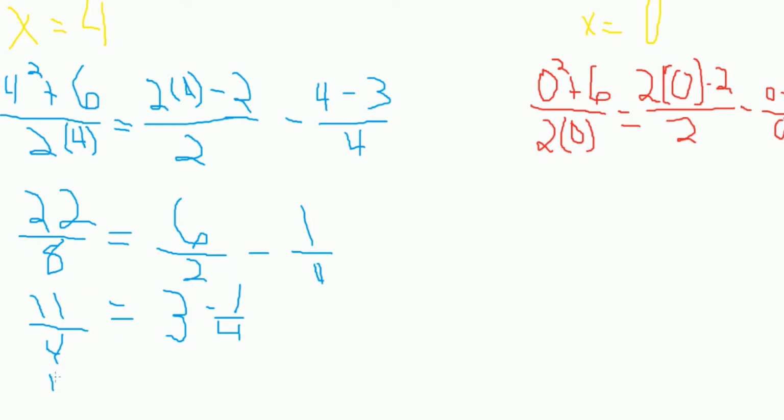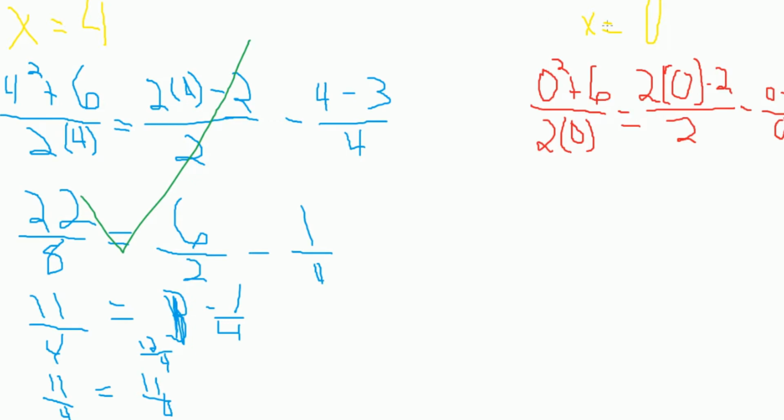And technically 3 is equal to 12 over 4, and 12 over 4 minus 1 over 4 will get us 11 over 4. So this is correct. x equals 4 is an answer.